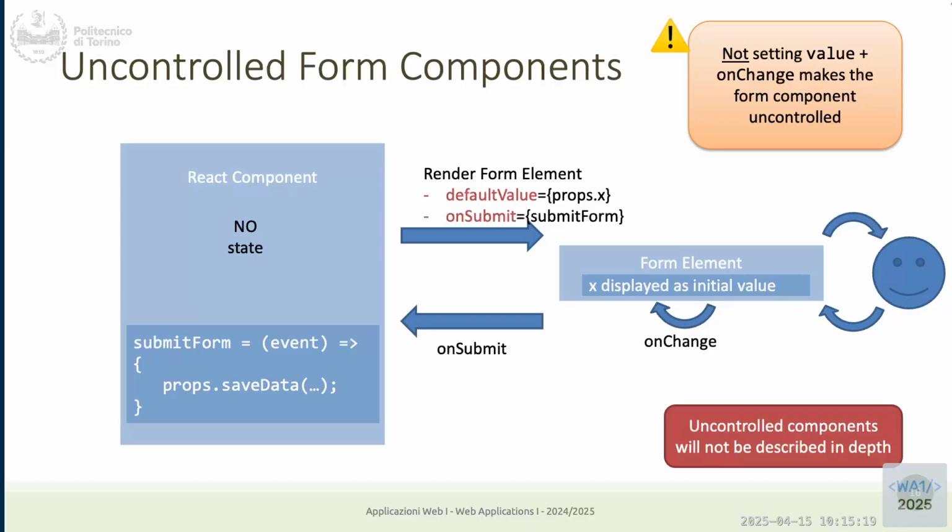It can only know it at submission time. At submission time, we have some information from the event, from the form itself, that collected the values for us. So we let the browser do its work, and we just collect the data at submission time. And then, of course, we can do some error checking or validation and so on. But there's nothing to do in between.